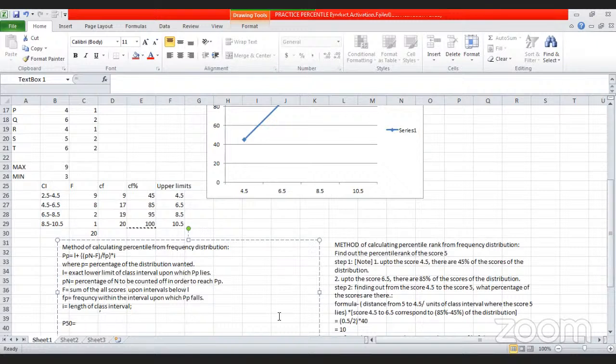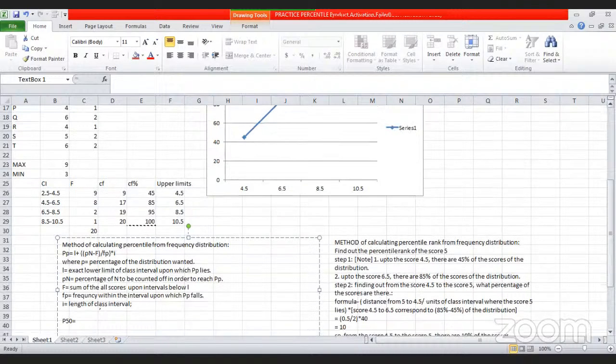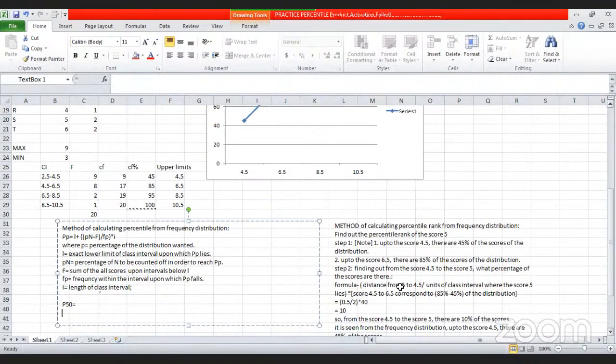Pn is equal to 50% of the 20 individuals.